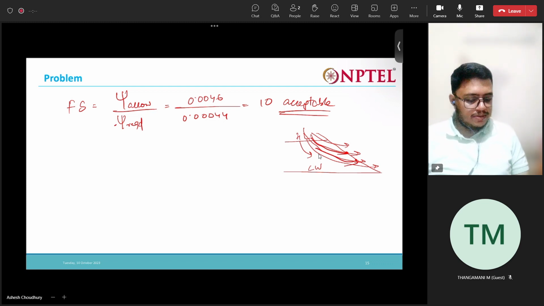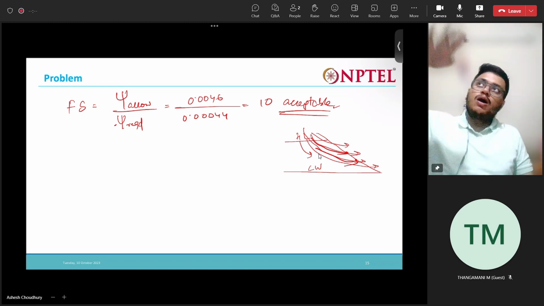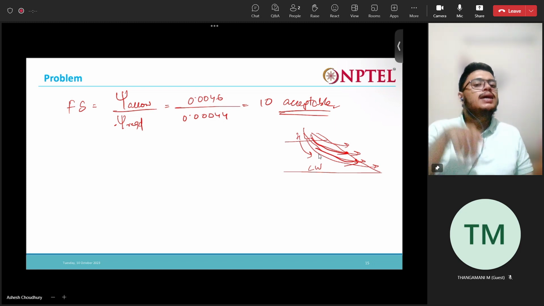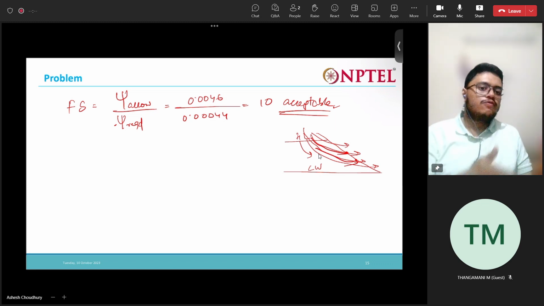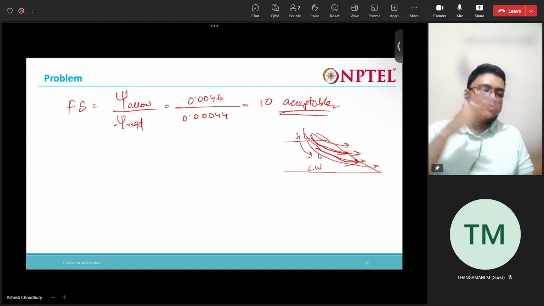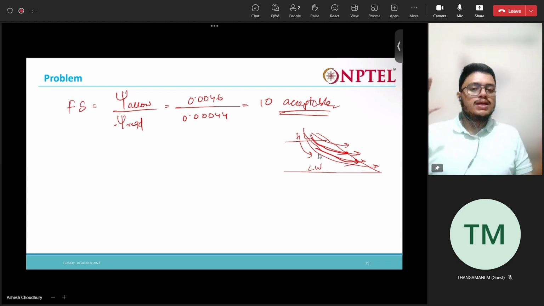So we see that ultimately the factor of safety is acceptable. The present geotextile that we are considering is adequate to allow that amount of flow that will occur when the water recedes from this position to this position. It will be able to allow that water to easily pass through it. This geotextile is sufficient.